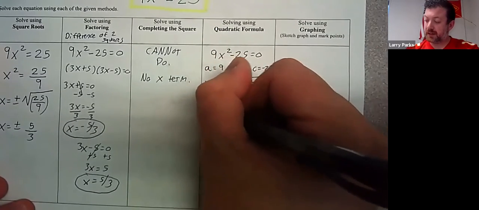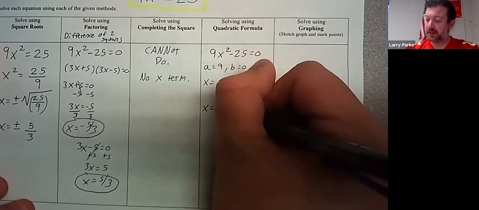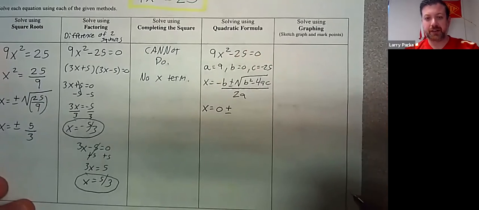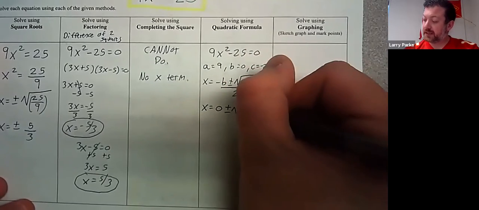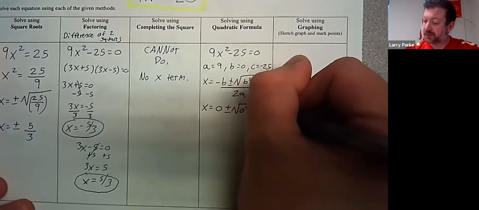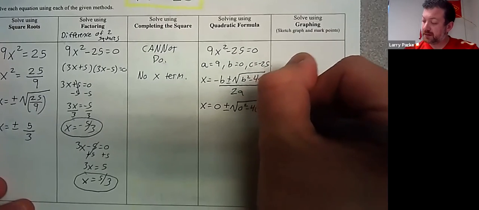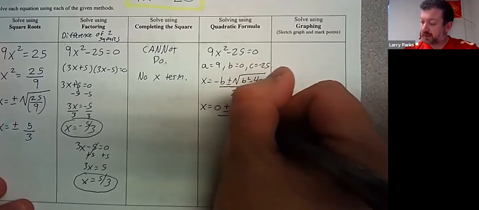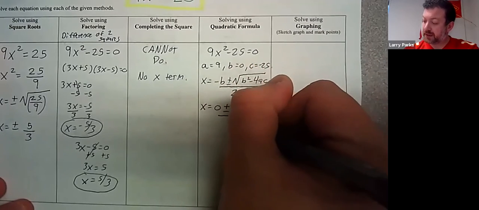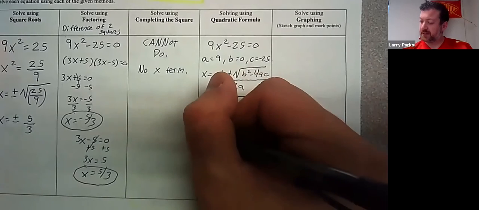Negative 0 is still 0, same thing. There is no such thing as negative 0. And then 0 squared minus 4 times 9 times negative 25, all over 2 times 9.